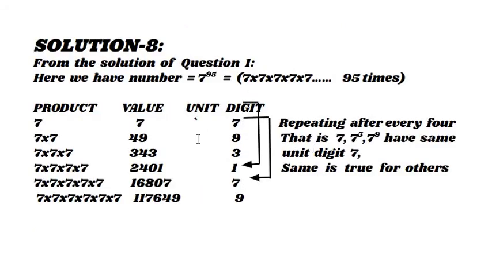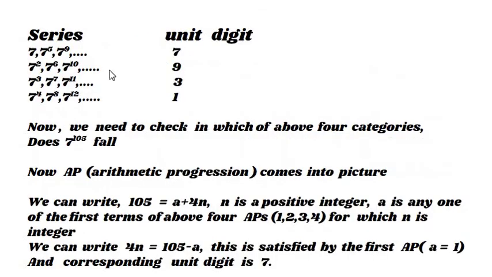Let me show you the answer of question number 1 again. Here we have four types of APs. First AP is 1, 5, 9, 13. Second is 2, 6, 10, third is 3, 7, 11, and fourth is 4, 8, 12. These have different first terms but the same common difference 4.